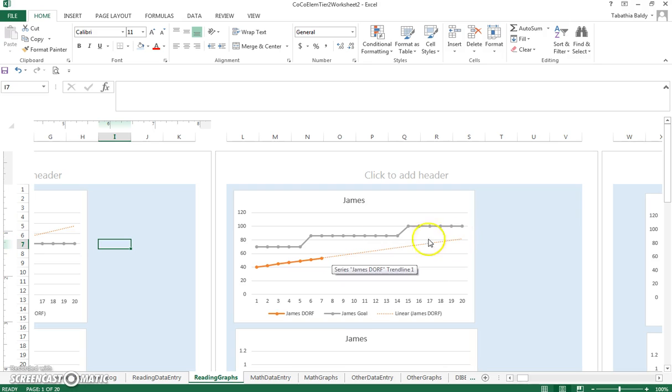However, if this goal line continues to jump every couple of weeks like it has been, it seems as if James, even though making progress, will never reach grade level expectation, because as he's making progress, the expectations for grade level continue to grow as well. So you can tell that the gap continues to stay the same as James continues making progress. This is called a questionable response.